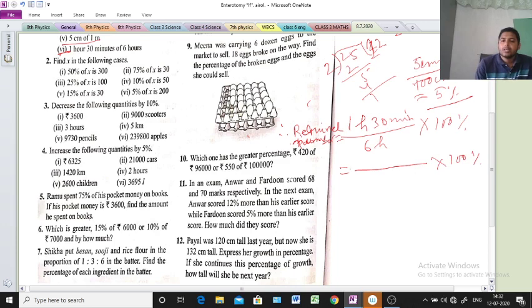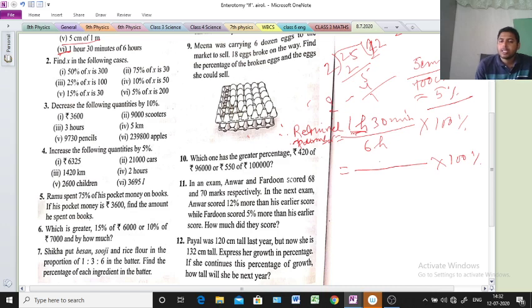Okay, see, 6 hours is in hours, and in the numerator hour and minute are given together. So now what to do? We will convert everything into minutes. In the numerator 1 hour is there. 1 hour equals 60 minutes, and here 30 minutes.